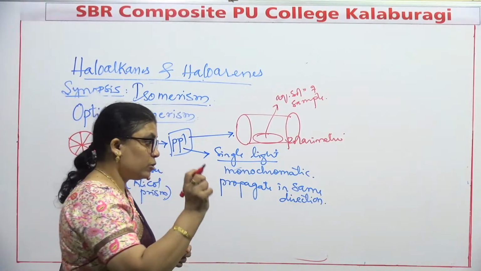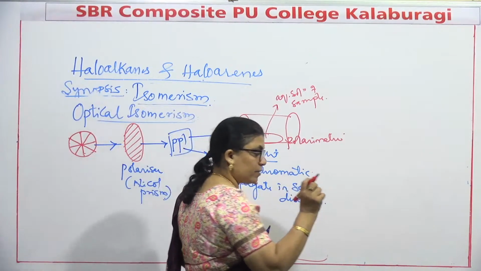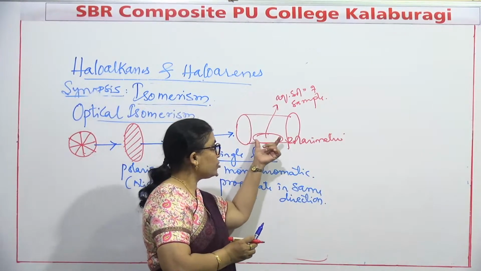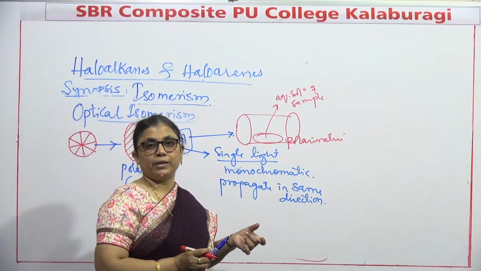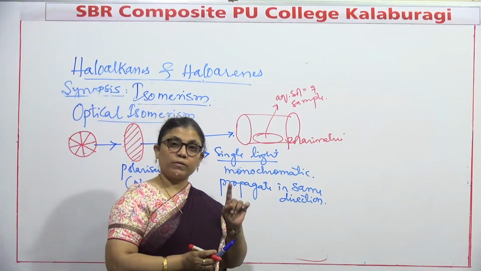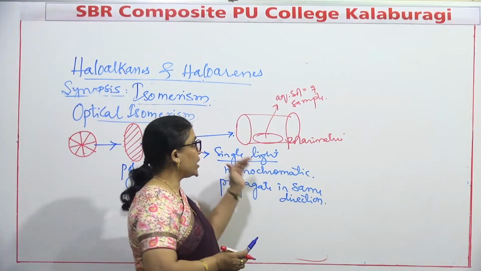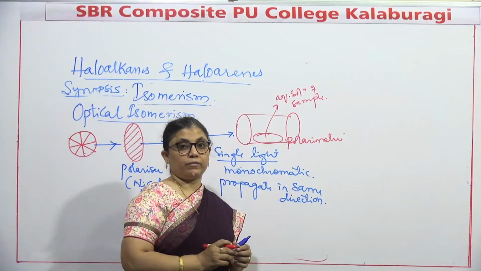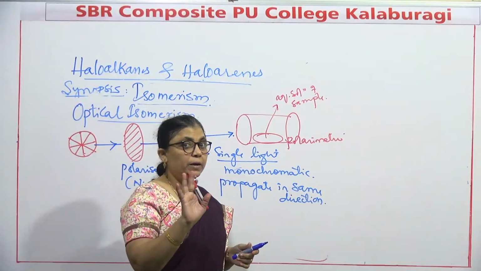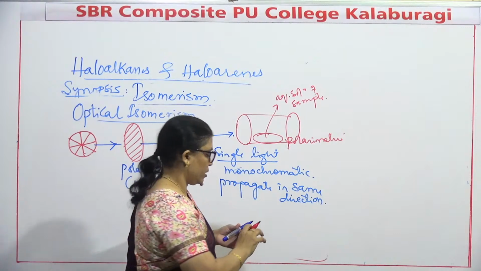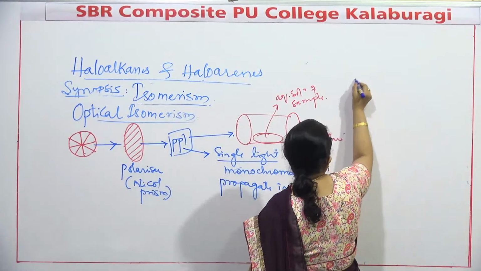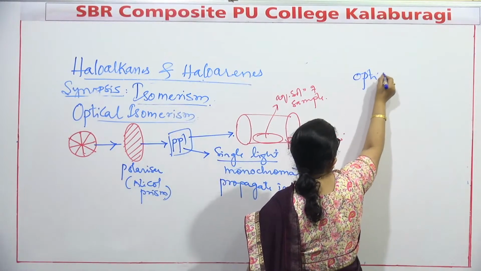We discussed in theory class that the length of the tube where we take the solution must be 10 centimeter. Not all substances will rotate plane polarized light. The substances which rotate plane polarized light are called optically active.